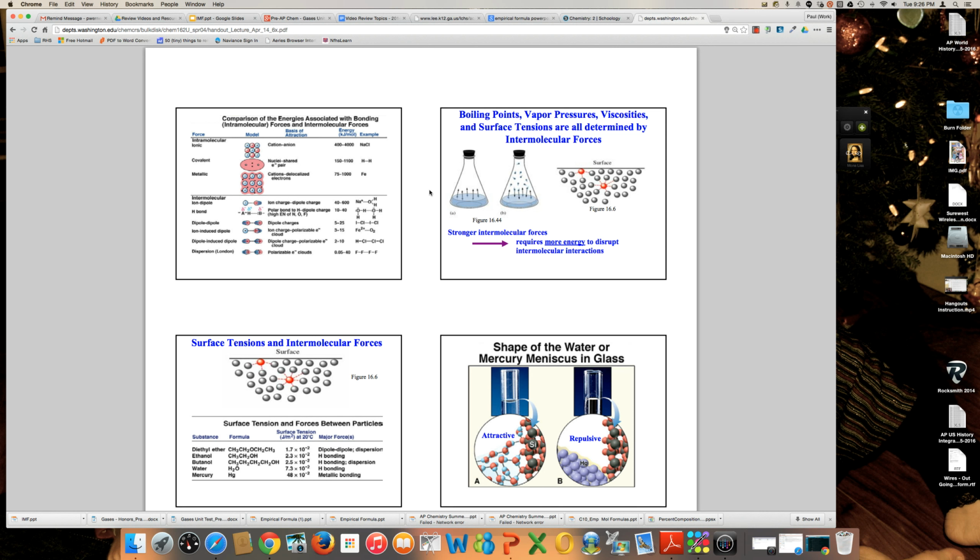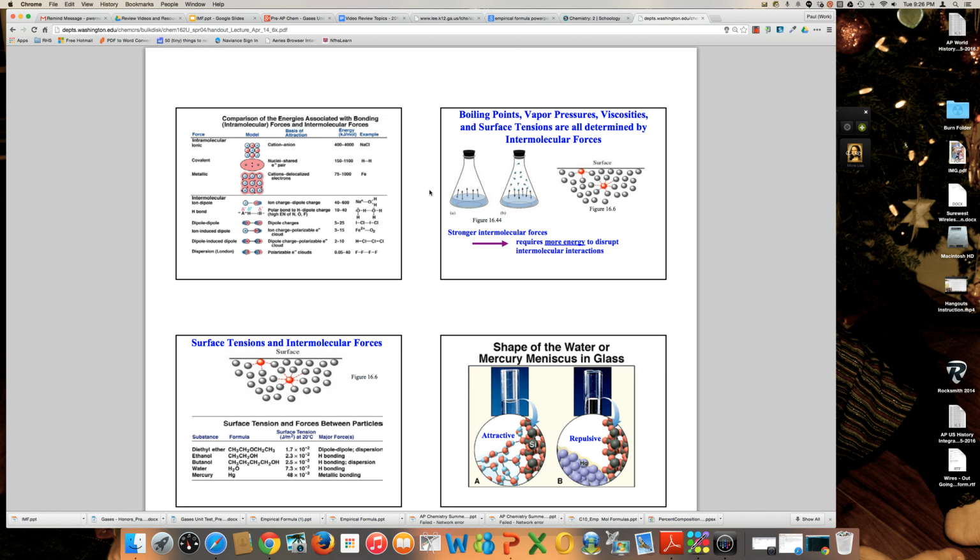And we talk about vapor pressure because, if you remember partial pressures, you have to subtract the vapor pressure of water from the barometric pressure to get the pressure of a gas. We're bubbling butane up through the water into a graduated cylinder. That's an example of that. Viscosity is resistance to flow.